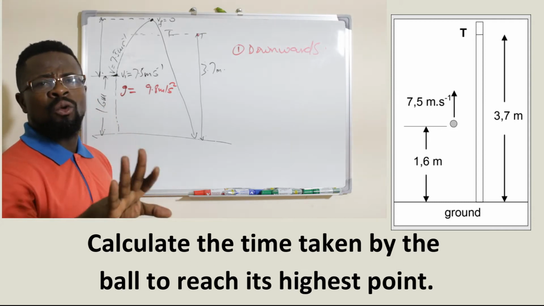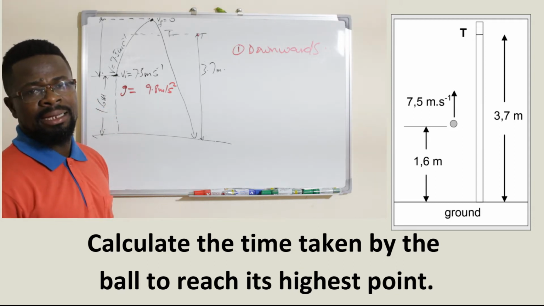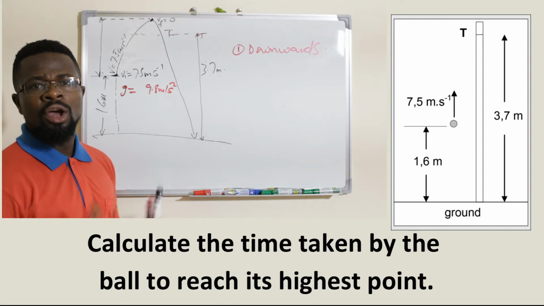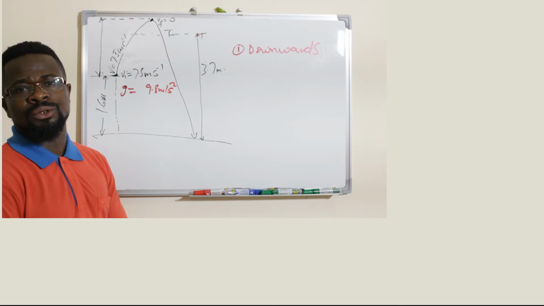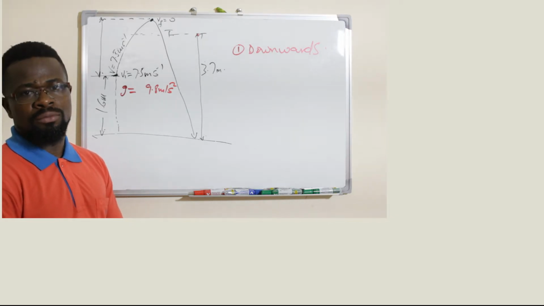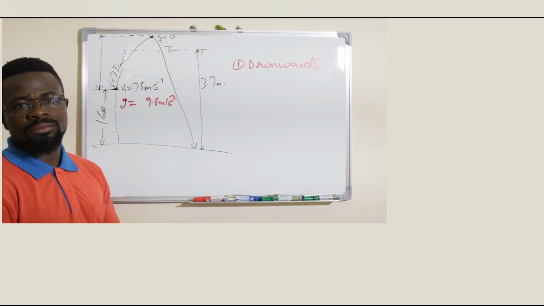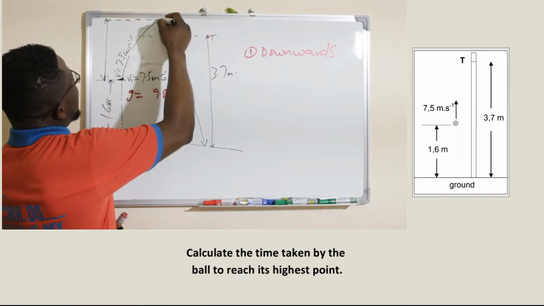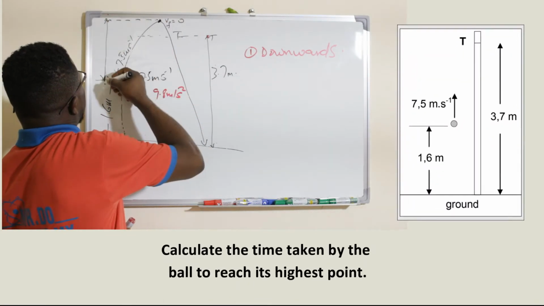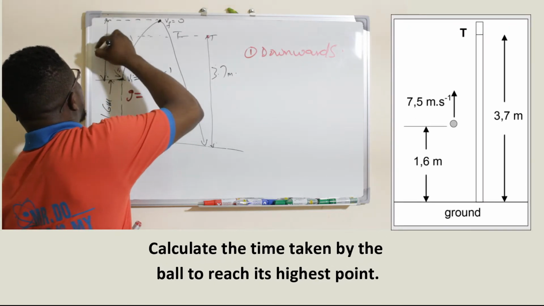There are four equations of motion that we have already learned under projectile motion. Which of them is going to be the appropriate formula for us to use to solve that problem? From here to here, we want the time it is going to take us to move from this point to this point.